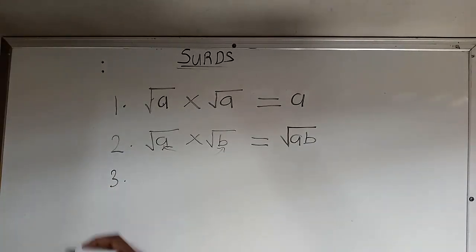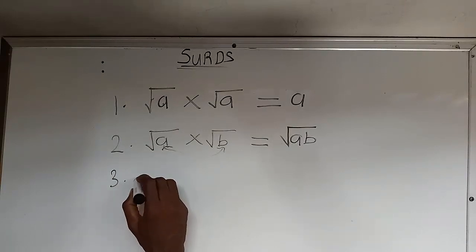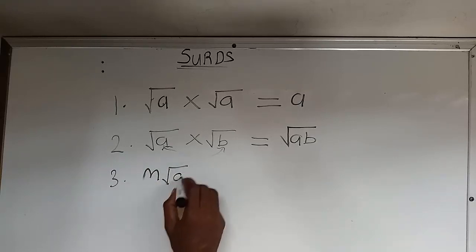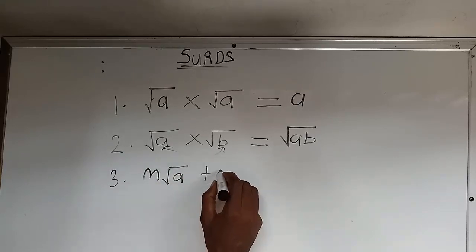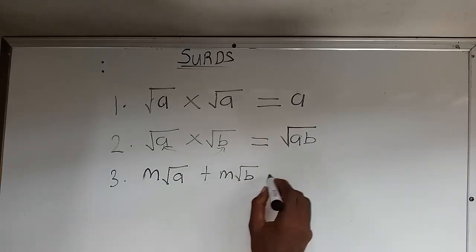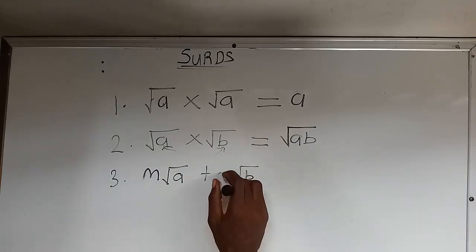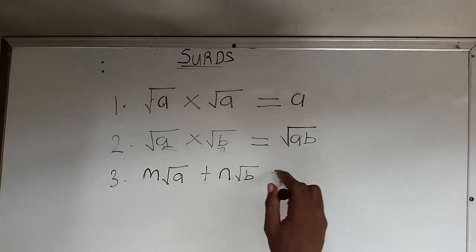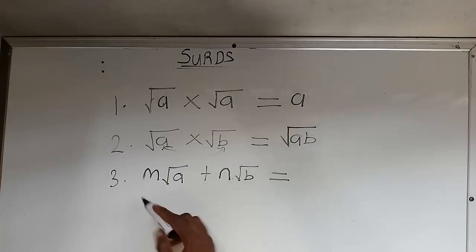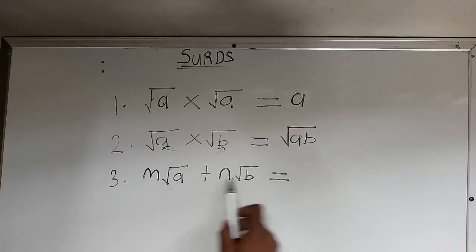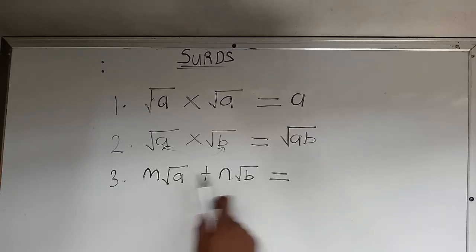Then if you have m root a plus n root b, and you are adding them, they are not like sets.